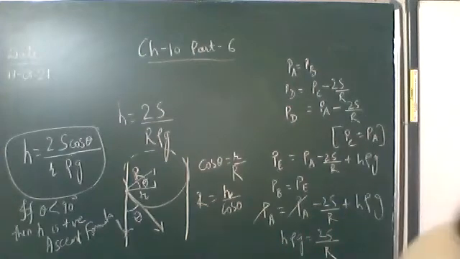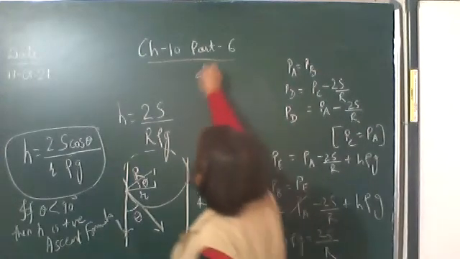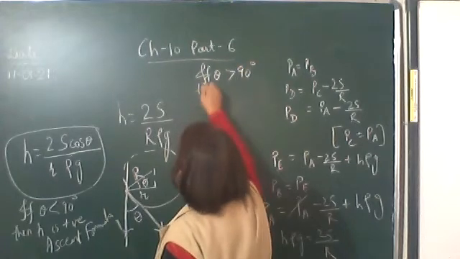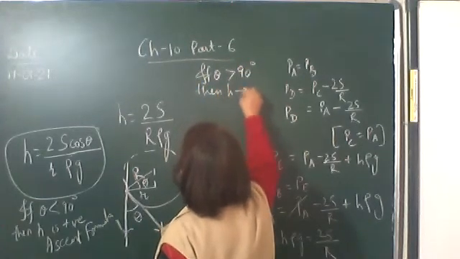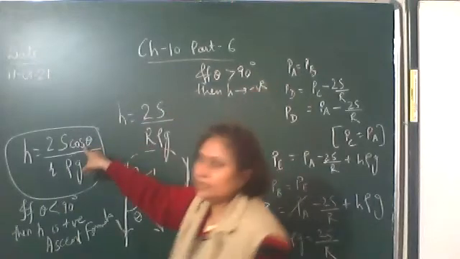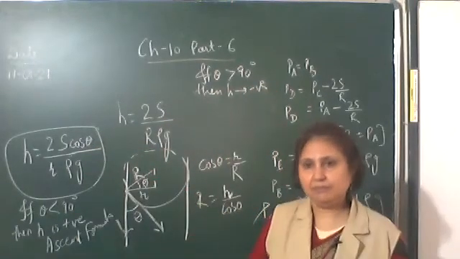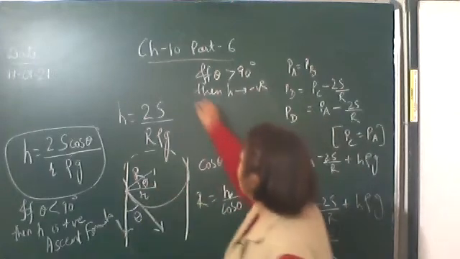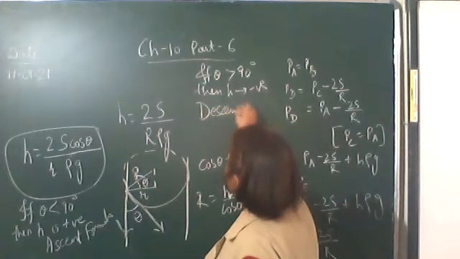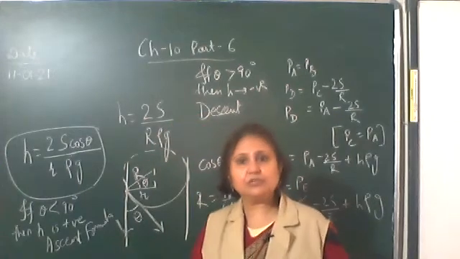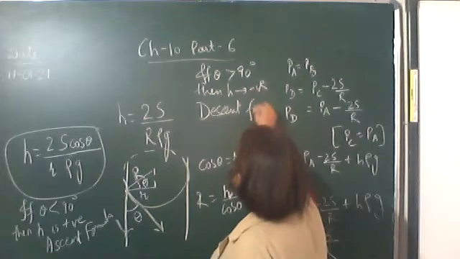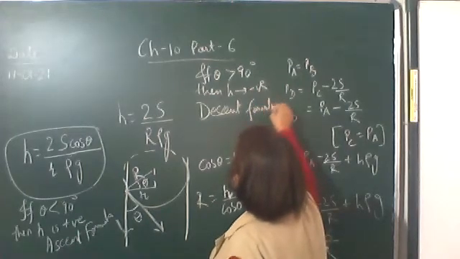If theta is greater than 90 degrees, then the expression of height will be negative. So h will be negative, and this formula we call the descent formula. That is, the liquid is descending, the liquid will fall in the tube.